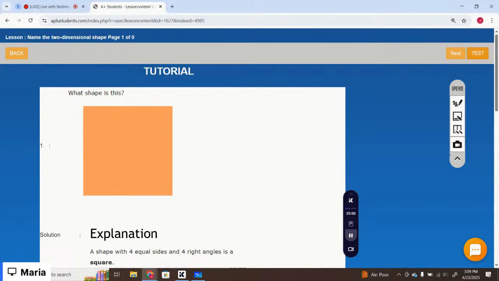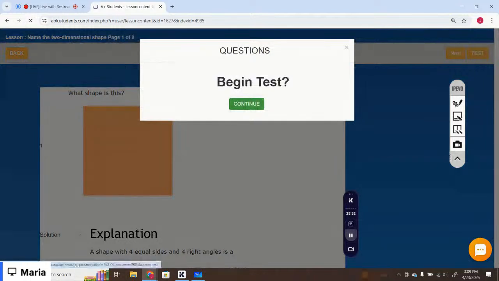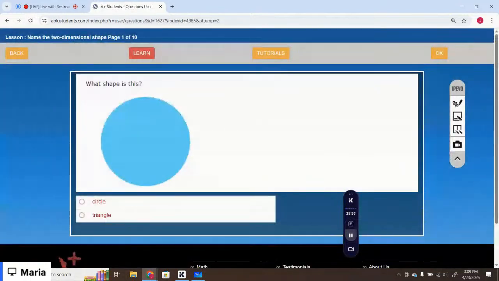That is a square. Let's just start with the test questions. What shape is this? Is it circle or triangle? Circle it is. The shape is a circle.